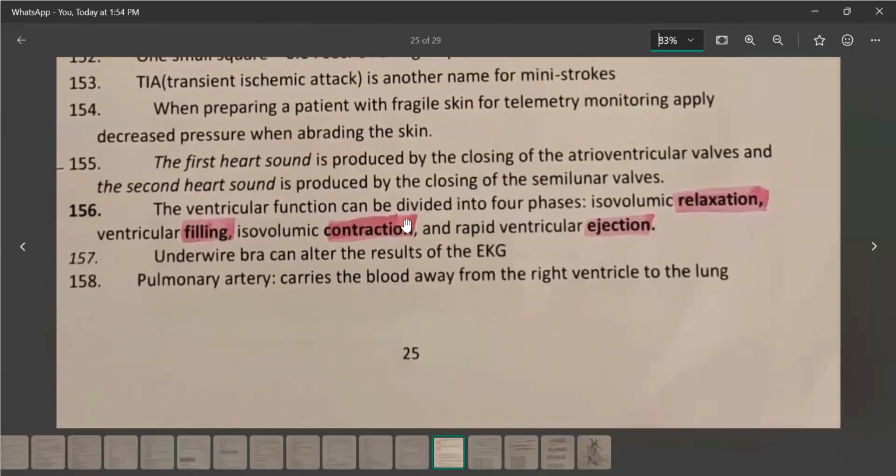Ventricular function can be divided into 4 phases: isovolumic relaxation, ventricular filling, isovolumic contraction, and rapid ventricular ejection. An underwire bra can alter the results of the EKG. The pulmonary artery carries blood away from the right ventricle to the lung.